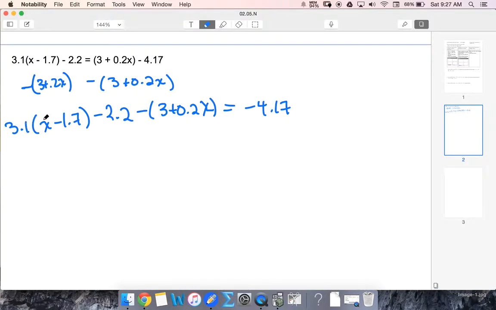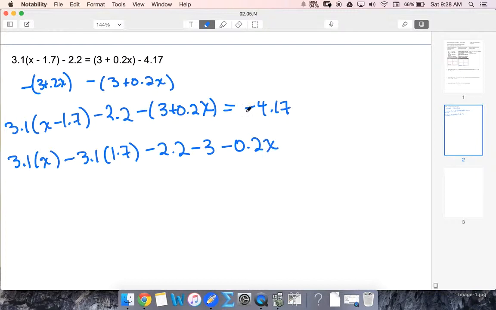And while I'm at it, I'm going to start my distribution. So 3.1 times x is going to be 3.1 times x. I've got 3.1 times negative 1.7. That's going to be minus 3.1 times 1.7 minus 2.2. I'm going to distribute this negative, minus 3 minus 0.2x, and I'm going to add the 4.17 to the other side.